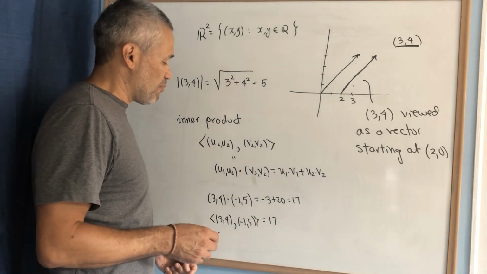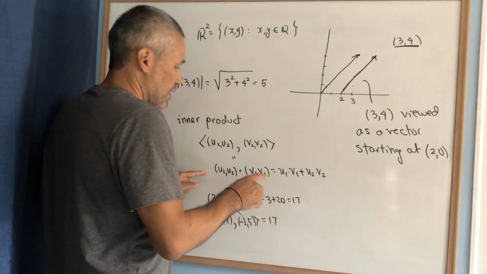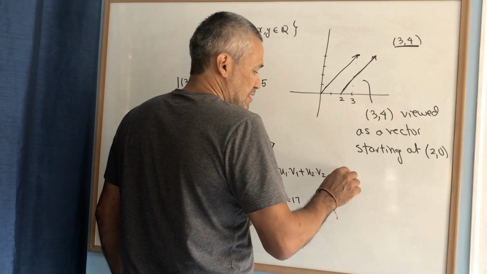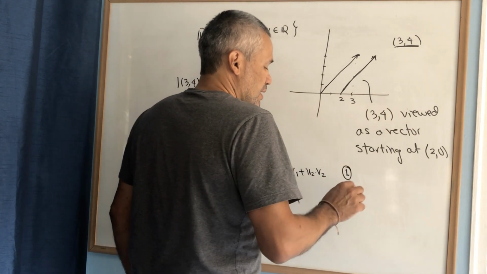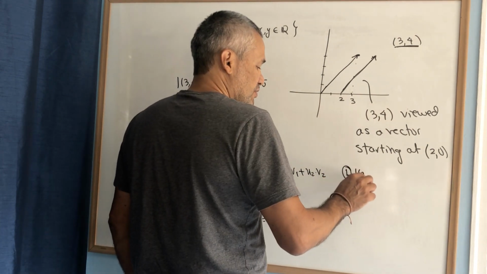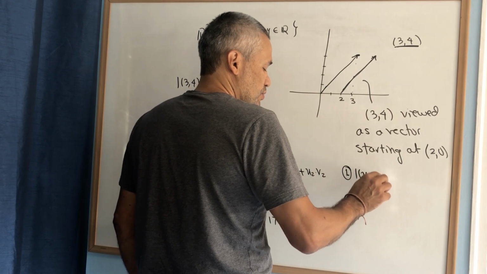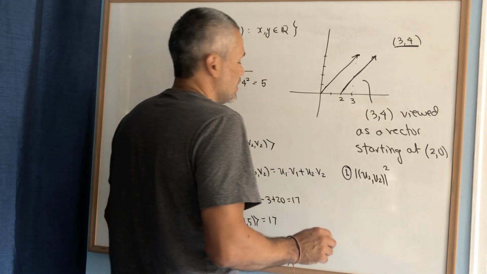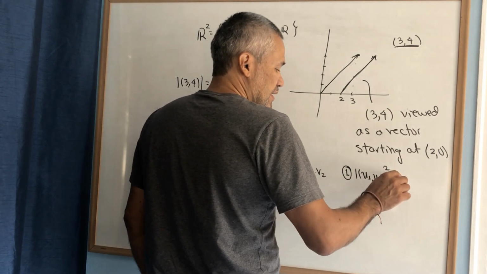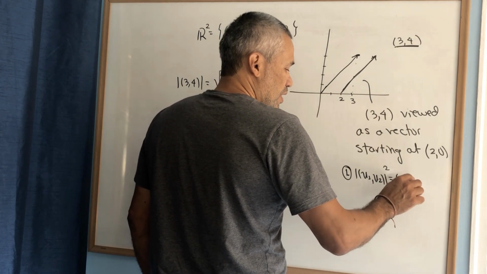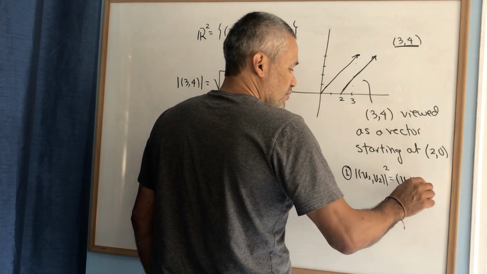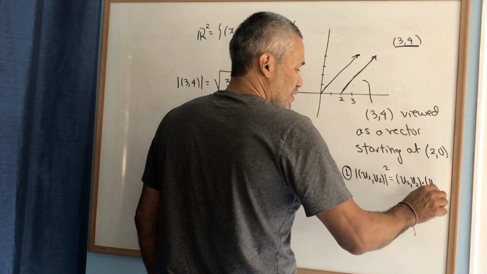We have several properties for the inner product. Let's start with property number 1. The norm of a vector (u1, u2) squared is equal to the dot product of the vector with itself.